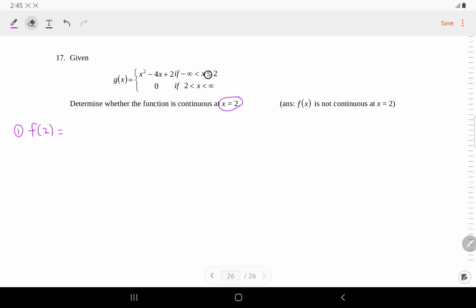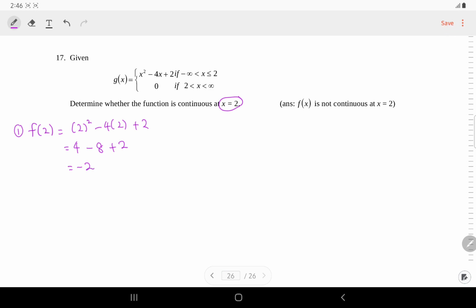So we need to use this function, x squared minus 4x plus 2. This will become 4 minus 8 plus 2. 4 minus 8 is negative 4, and plus 2, it is equal to negative 2.